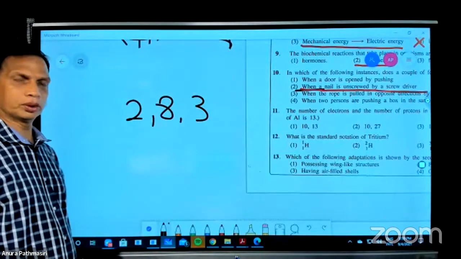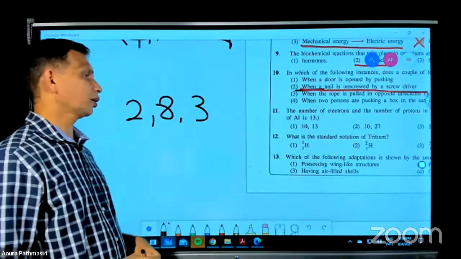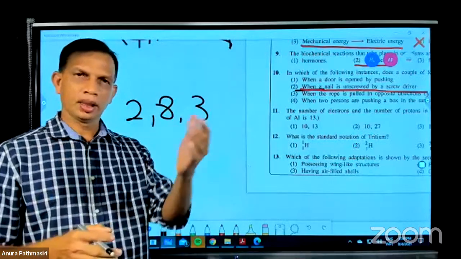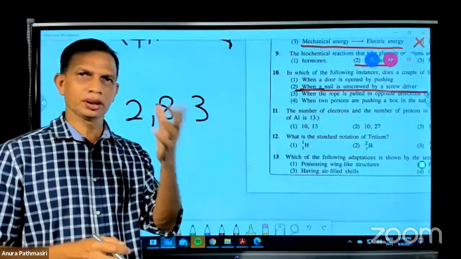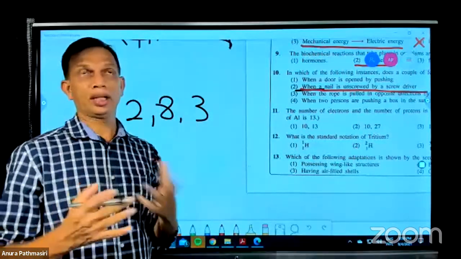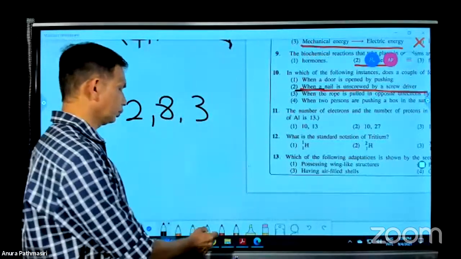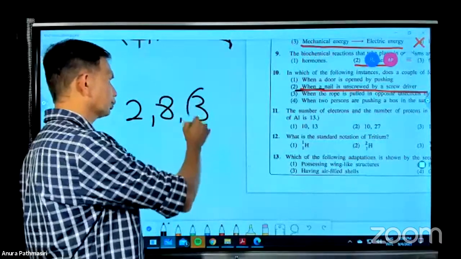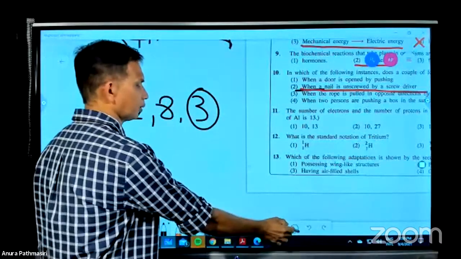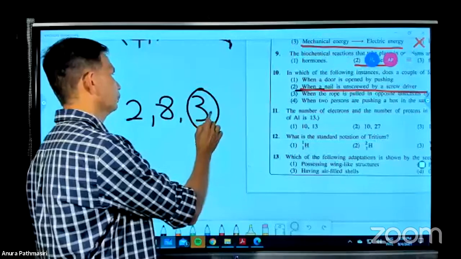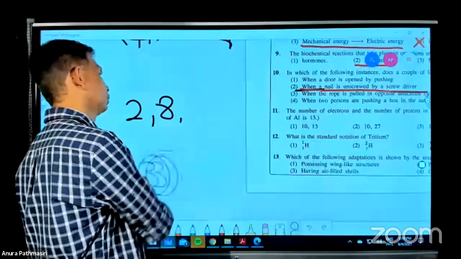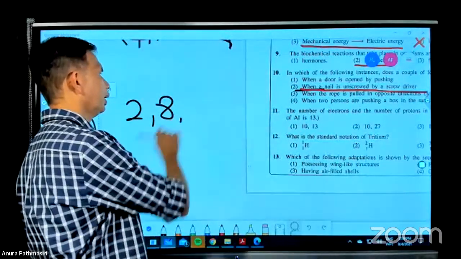Almost all atoms wish to have the octet by exchanging electrons or removing electrons, right? Sharing electrons or exchanging electrons. So this one would like to give all these 3 electrons away. Then you got 2, 8.